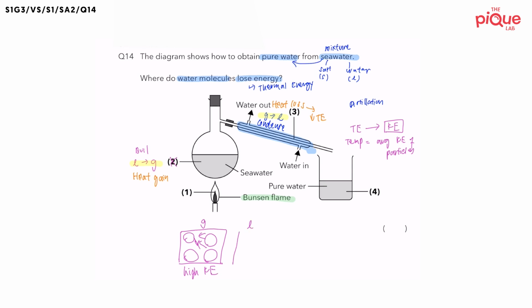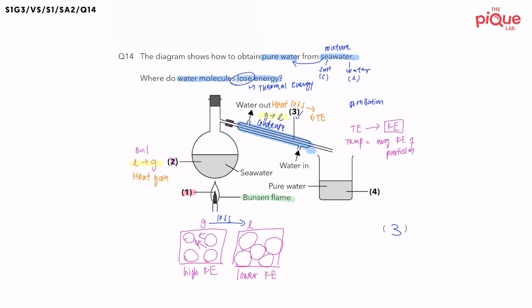We say that for liquids, liquid particles are only able to slide over one another. In that case, we say that liquids will have lower kinetic energy. In condensation, when we go from the gaseous state to the liquid state, are we looking at a gain or loss in kinetic energy? We are looking at a loss in kinetic energy. And this checks out with what the question is asking for, which is where do water molecules lose energy? As such, our answer should be option 3.